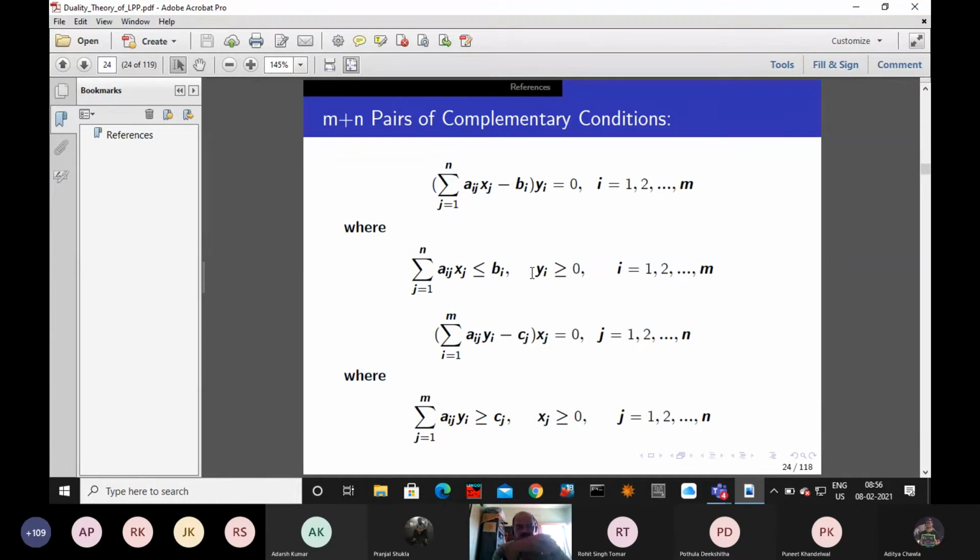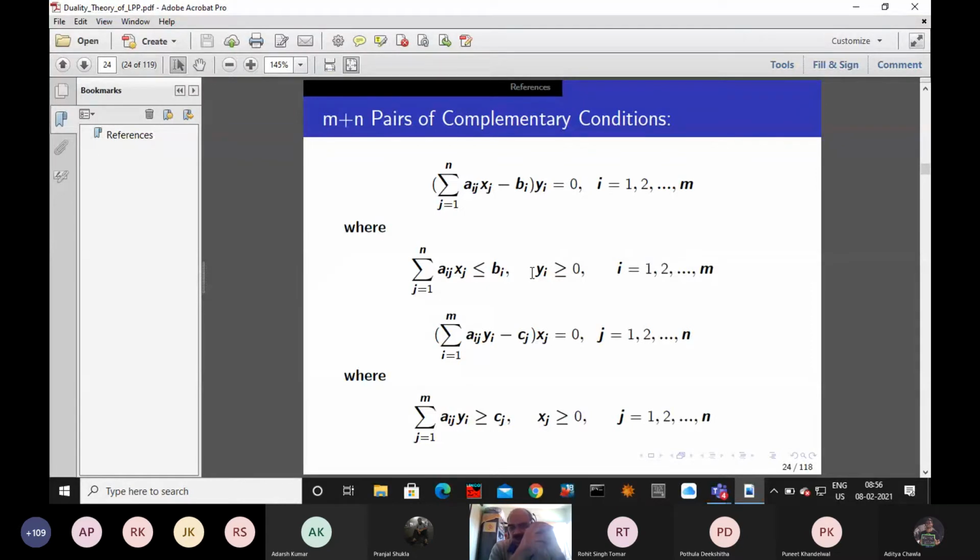And as you know, there are altogether m plus n pairs of complementary conditions. What are they? This condition says that the summation over j from 1 to n of aij xj minus bi, bracket closed, into yi equals 0.